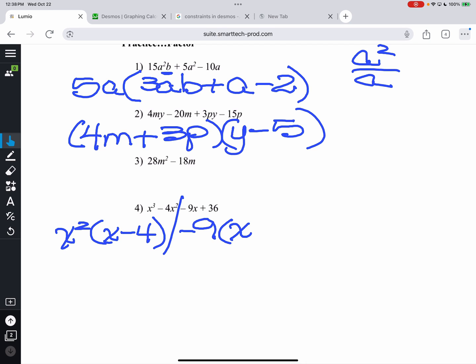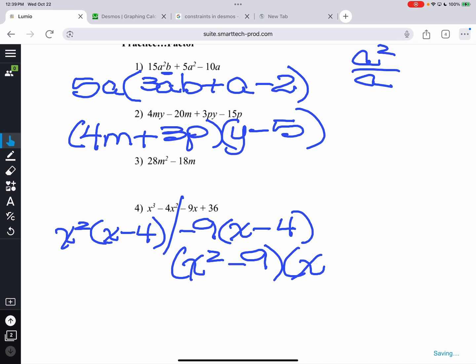Watch the signs. That one's negative. You removed a negative number. What is a positive divided by a negative? A negative. So, what would your final answer be? It would be x squared minus 9, and then x minus 4.